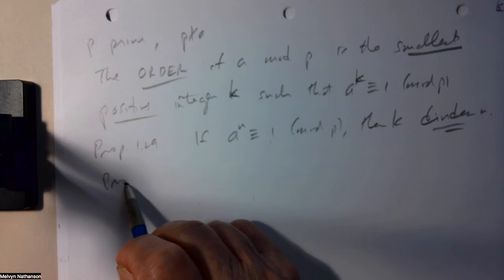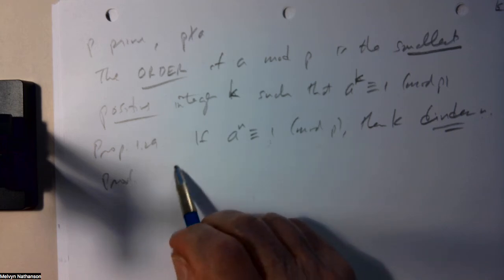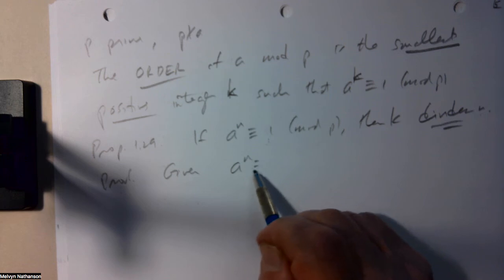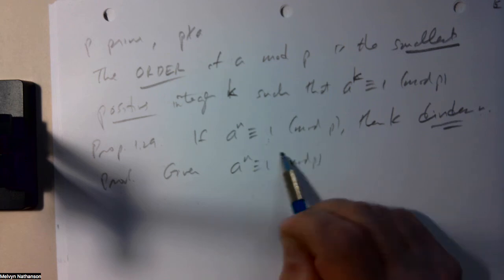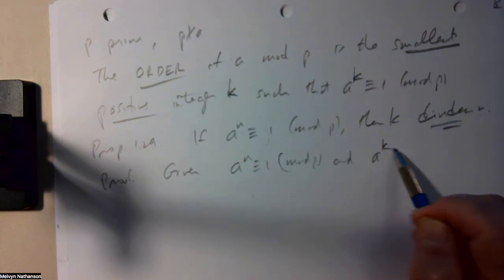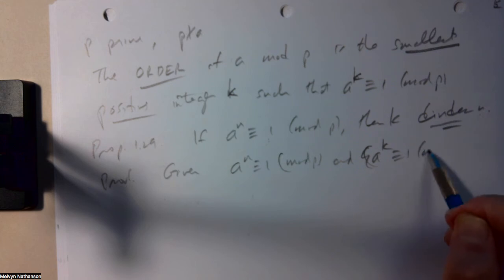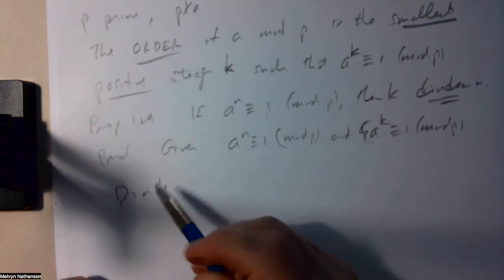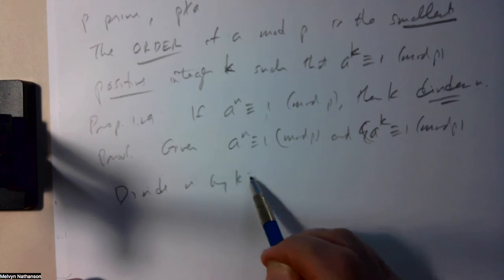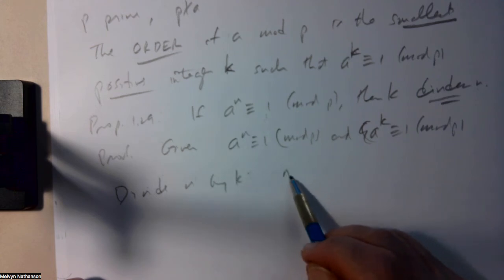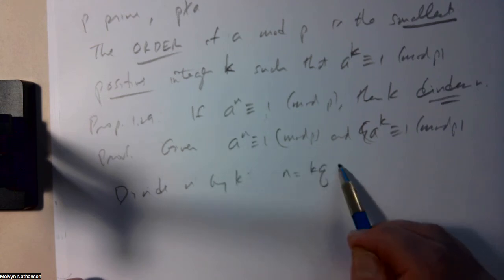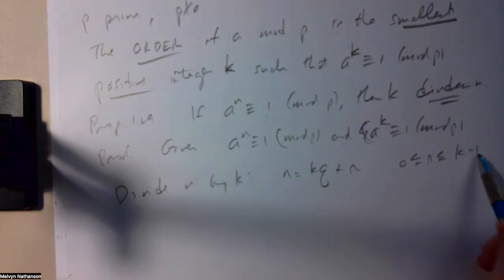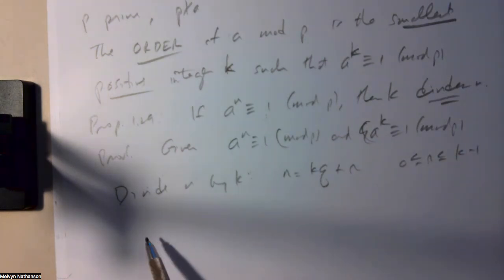And the proof is as follows. So we're given that a to the n is congruent to 1 mod p, and a to the k is congruent to 1 mod p. Suppose we divide n by k. By the division algorithm, n is k times some quotient q plus the remainder, where the remainder r is between 0 and k minus 1.